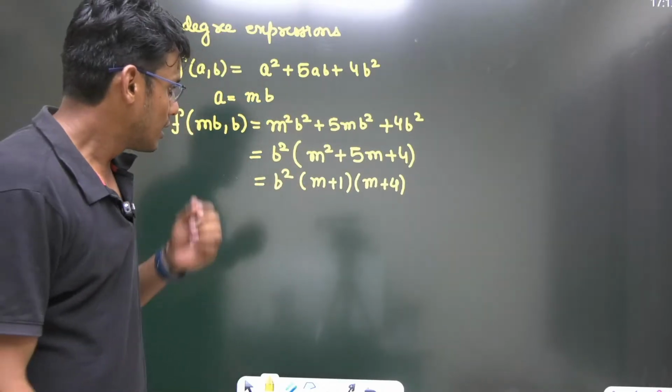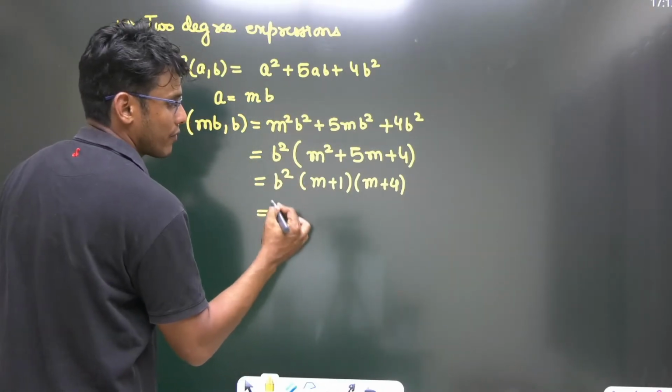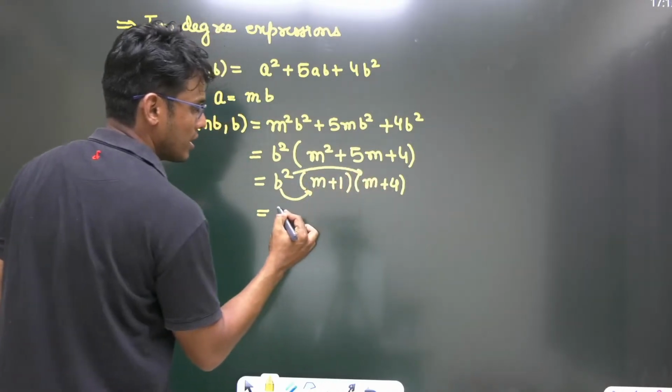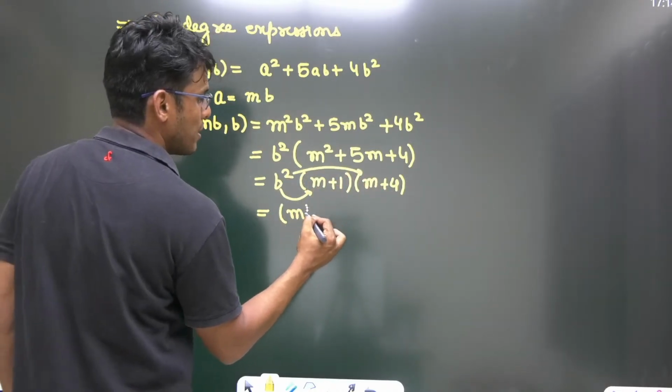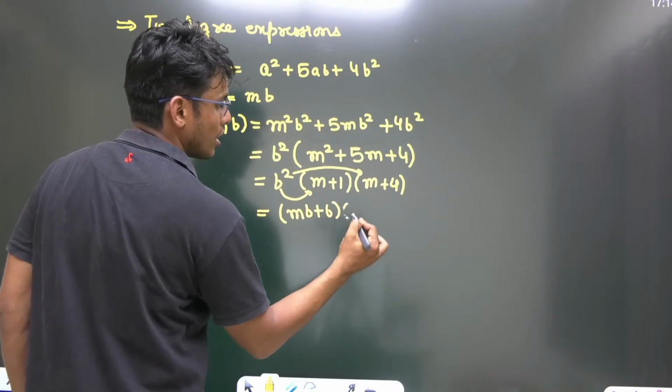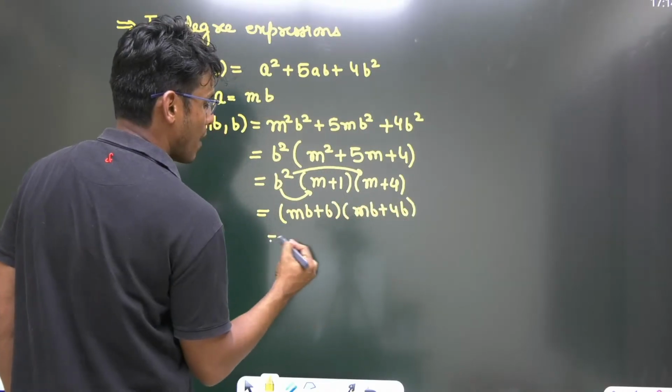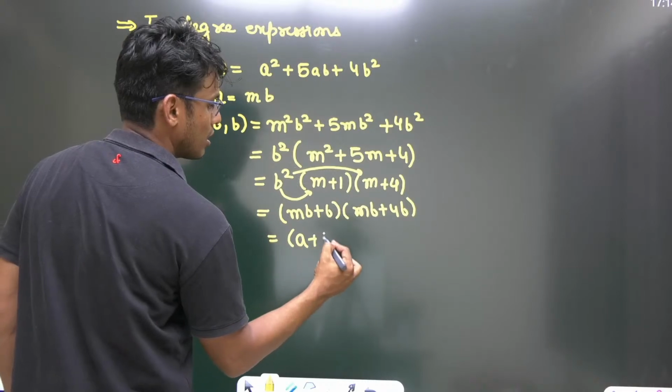Now this is the funny part. Just multiply 1b in this and 1b in this bracket. So you get mb plus b, mb plus 4b. Now what was mb? mb was a, isn't it?